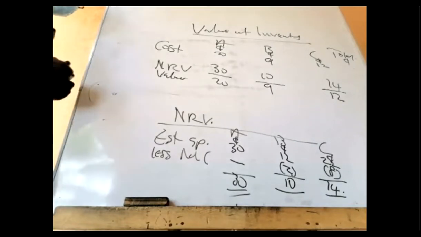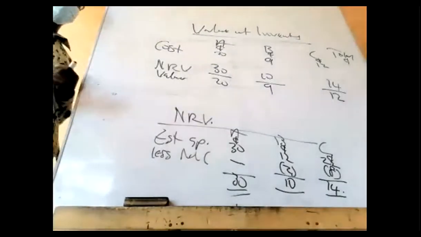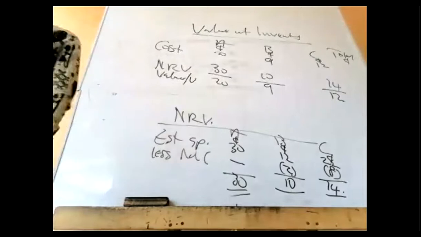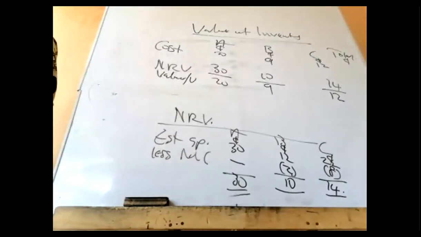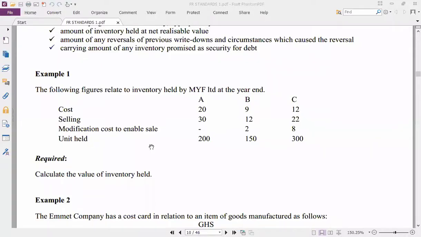Example. Now what we have here is the value per unit. The examiner has given us the quantity of goods held at the reporting period: 200, 150, and 300. So we need to get the total value of these goods.